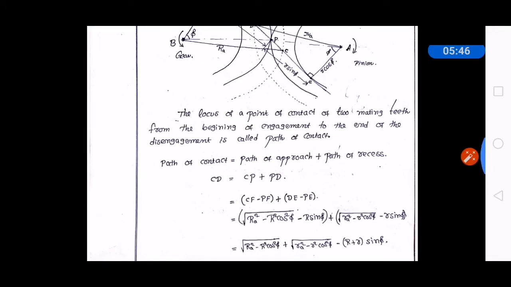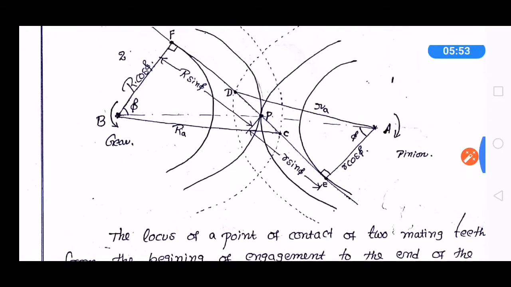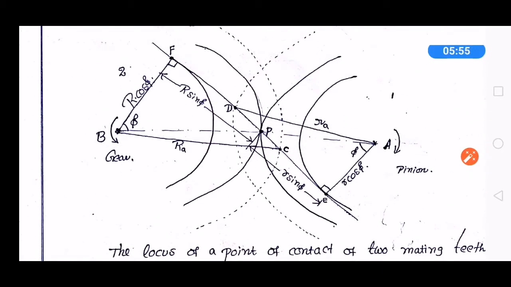So CF and PF I can write in terms of capital R and small r. CF is the opposite side of the triangle FBC. In this, BC is the hypotenuse, BF is the adjacent side and FC is the opposite side. So we know the Pythagoras theorem: hypotenuse square equals side square plus side square.